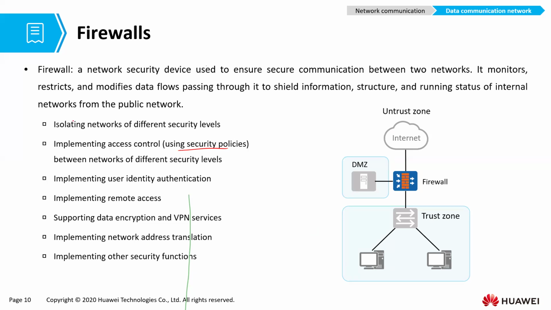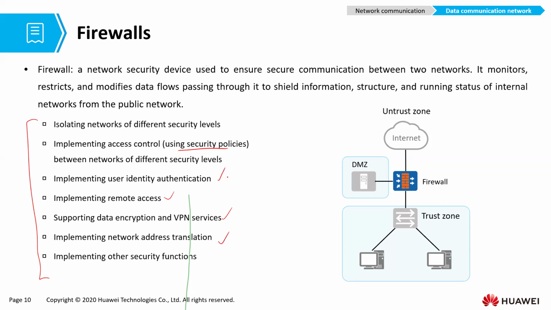You can see it has other functions. It implements other security functions, such as network address translation. I think over time we'll learn about that. Data encryption, remote access, VPNs. I think it is used for stuff like that.